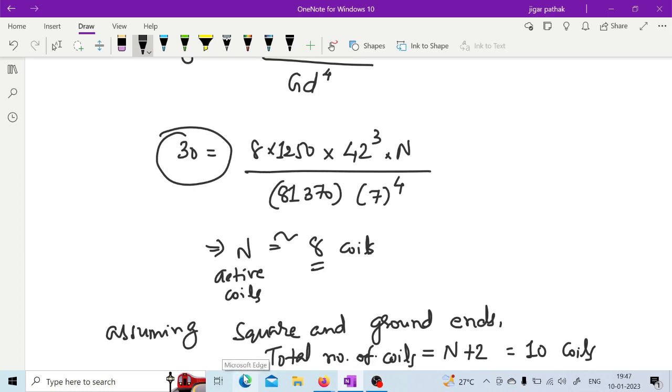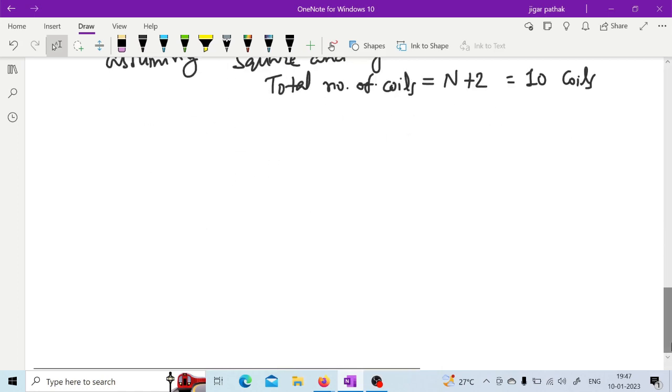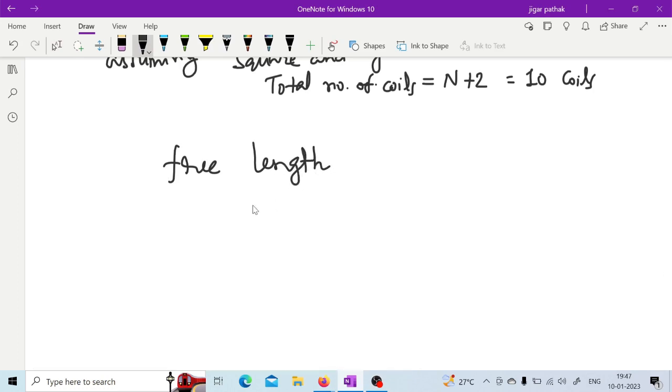Yes, sir. Correct. So what you are going to do is first find the actual deflection, because you are also asked to find the free length, right? In case of calculating this free length, you first need to calculate the actual deflection.